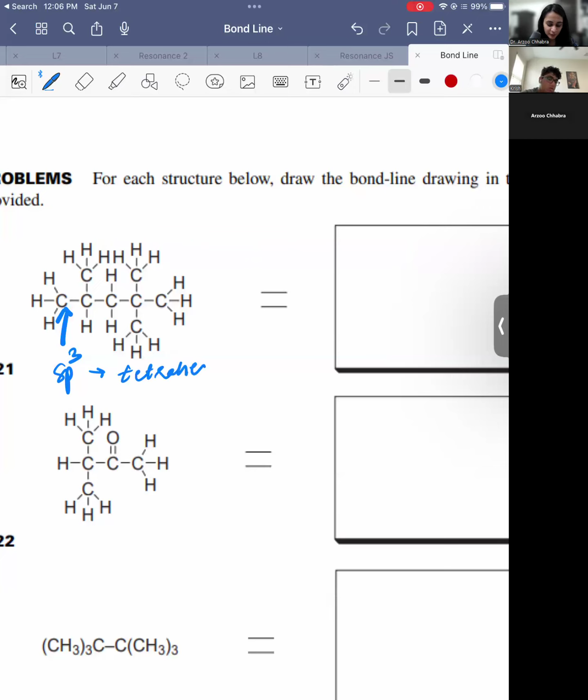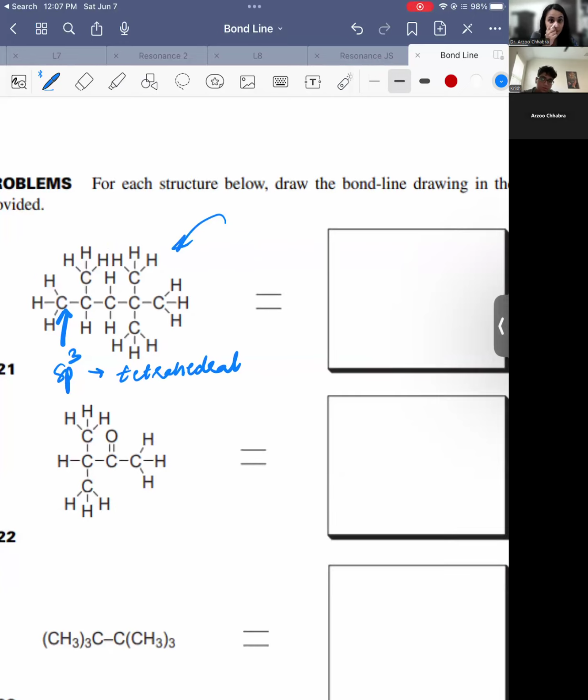So when we go from this structure, which is an expanded structure, to a bond line structure, we're converting every atom to a bond. A carbon is actually just like a dot. We don't even write the hydrogens.